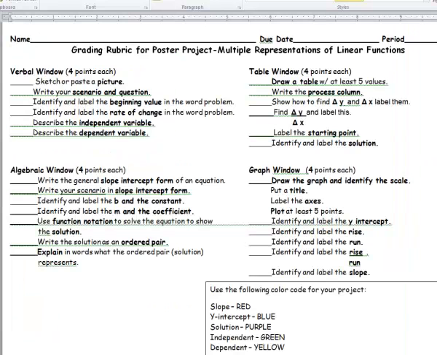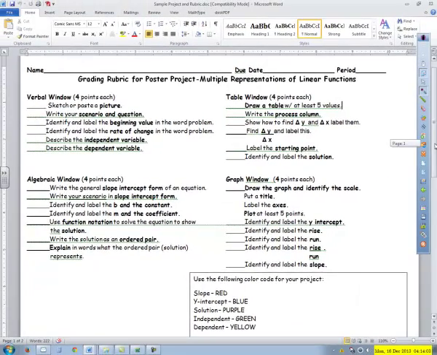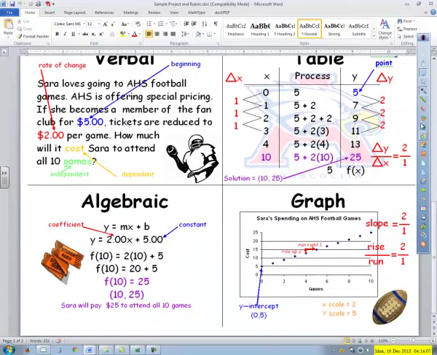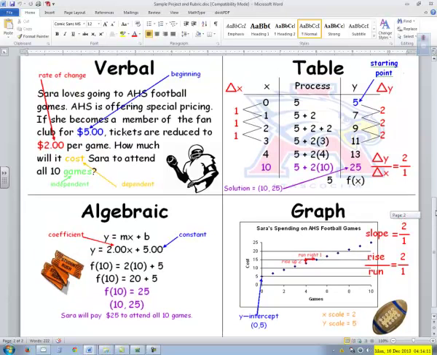Here is your rubric. And again, this rubric is in your packet. So I will post this on my website. And then here's another more colorful project. This is a sample that you can see as well.